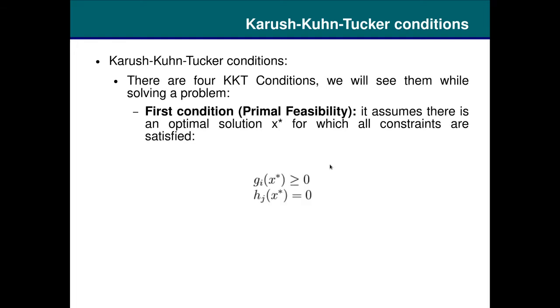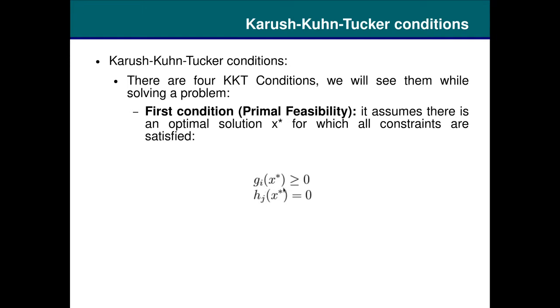The first point about the Karush-Kuhn-Tucker conditions is this. The first condition is called the primal feasibility. You can understand the primal feasibility as: I must satisfy every constraint.